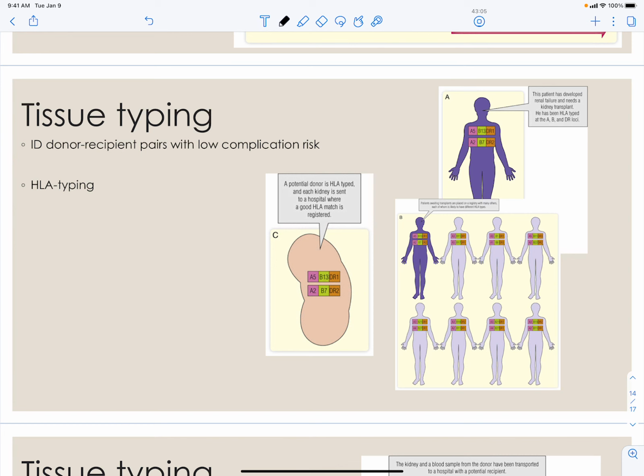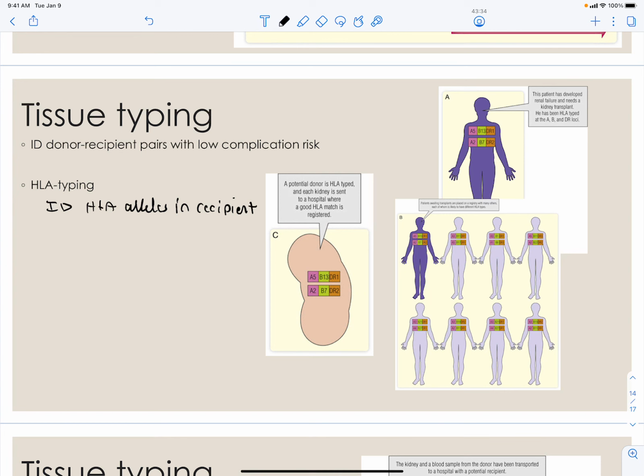So HLA typing is where the patient who is going to be receiving the transplanted tissue is typed. And so you know what sort of HLA alleles are in the recipient. So that means that they're typed.